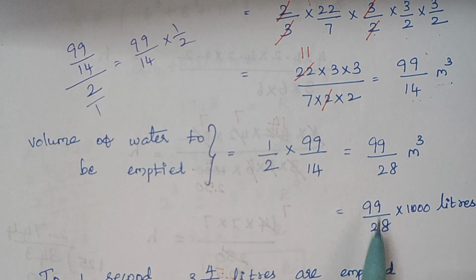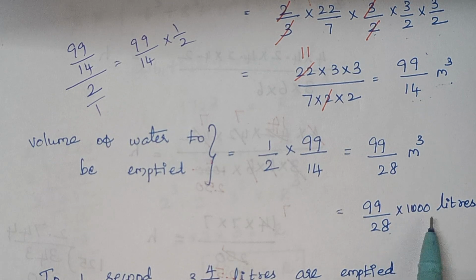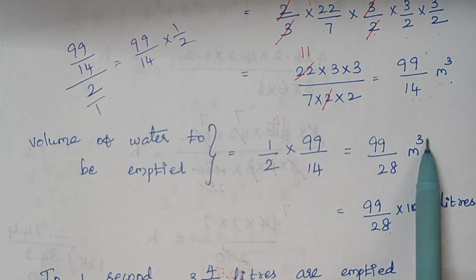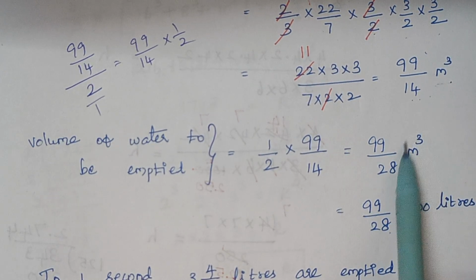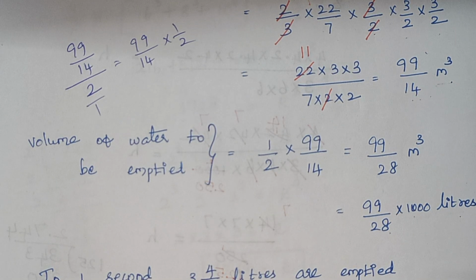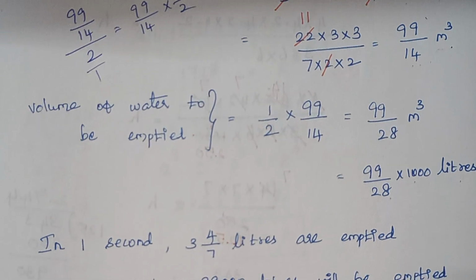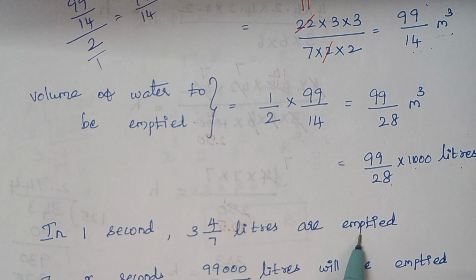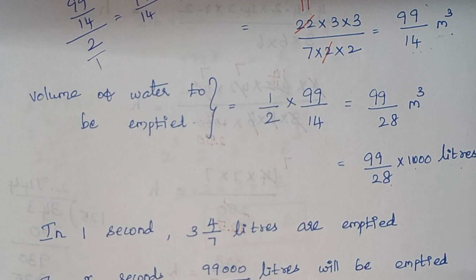Here it is 99/28 multiplied by 1000, so the unit comes as liters, since one meter cubed is replaced by 1000 liters. Now, in 1 second 3 4/7 liters are emptied. So we have to calculate the time at which half the tank is emptied.